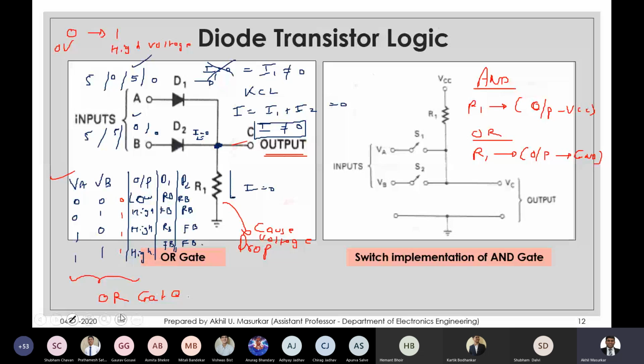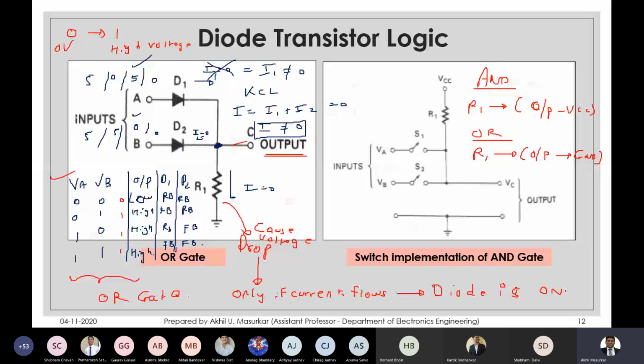If there is no voltage drop across the resistance we will not get any high voltage, and the voltage will drop only if current flows, and current will flow only if the diode is on. So in a way they are all linked.